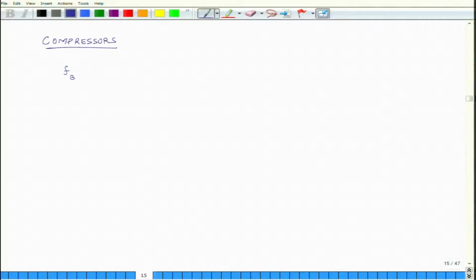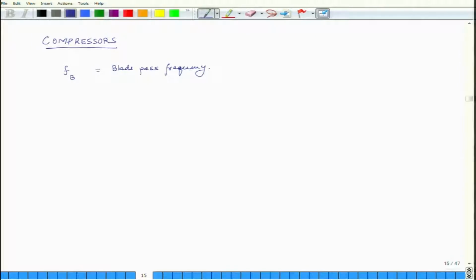So, what does FB mean? It means blade pass frequency.